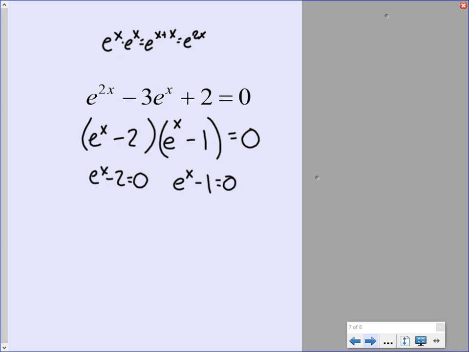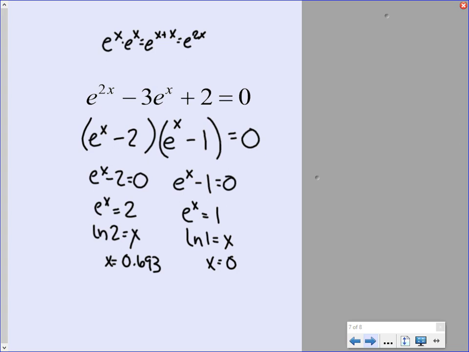So I would add 2 to both sides, and then I'll rewrite it: natural log 2 equals x. Add 1 to both sides: natural log 1 equals x. So this one is 0, and I think this one is like 0.693. And again, there'll be some like that on your homework as well, so you'll get an opportunity to practice those.